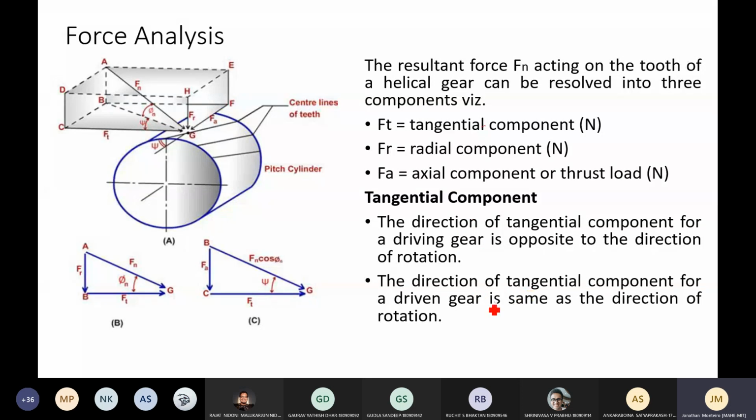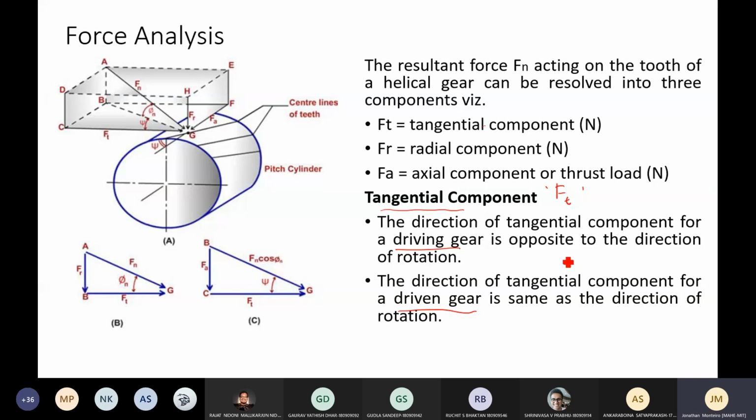So tangential component forces depend on what is a driving gear and what is a driven gear. This is something we have even considered when solving design of shafts, where you have to take plus, minus, or which direction depending on driver or driven gear.